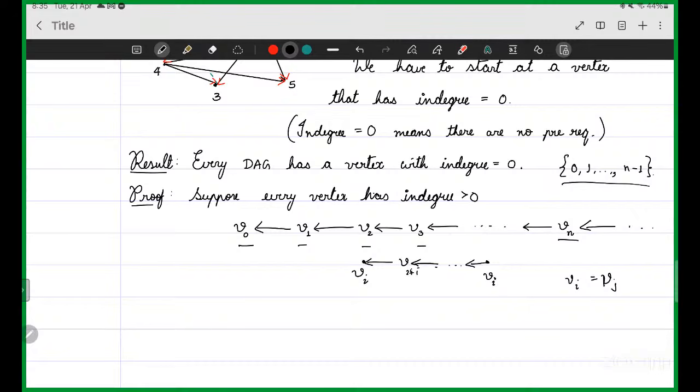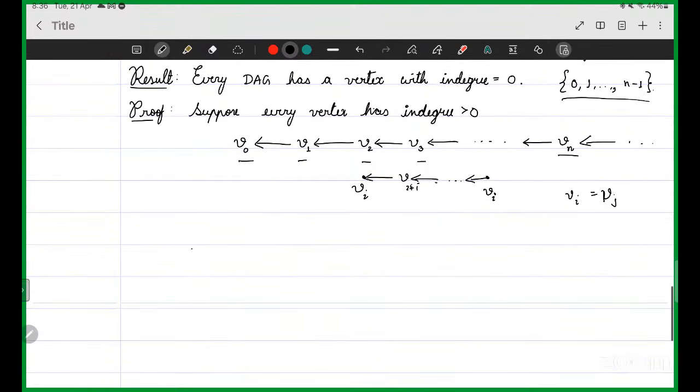So what does this mean? Vi has an edge coming from Vi plus 1, which has an edge coming from Vi plus 2, and so on. When you trace it back, you get Vi itself. If you keep tracing it back, you will come to Vi itself, which is equal to Vj, the repeated vertex, which means that there is a cycle.